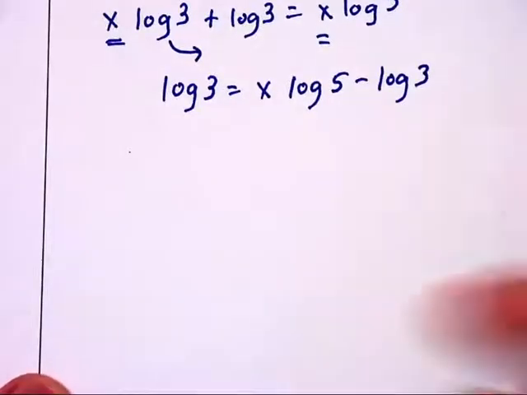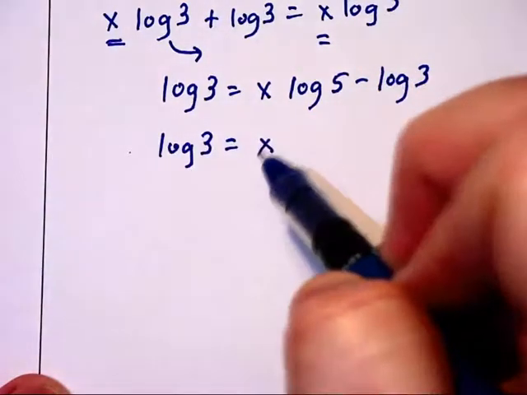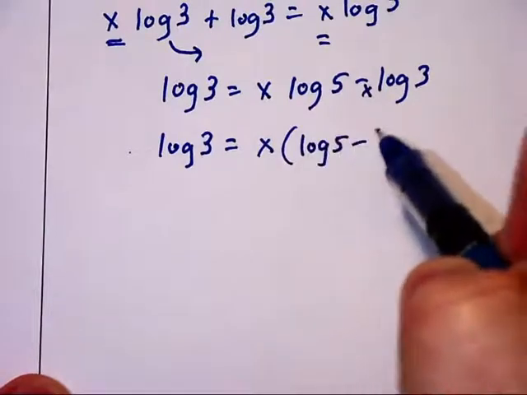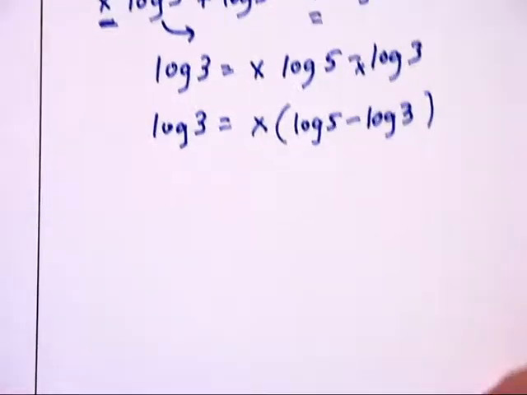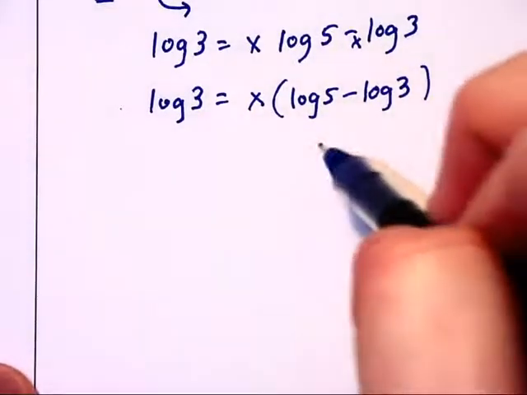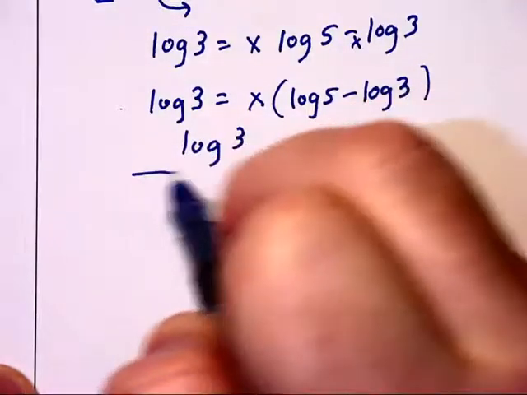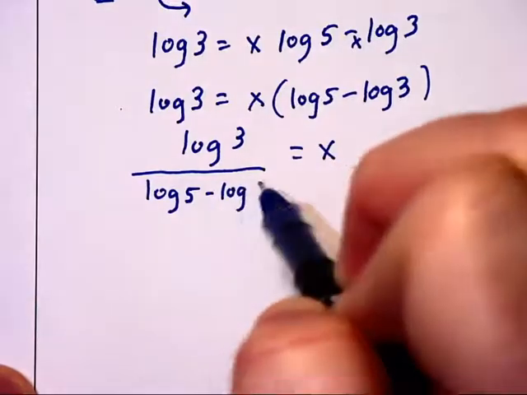Now, what we're going to want to do is factor on the right-hand side. Since x is multiplied by each of those, we're going to have the log of 5 minus the log of 3 inside of parentheses, and that can be divided off, and you will have x on the right is equal to the log of 3 divided by the log of 5 minus the log of 3.